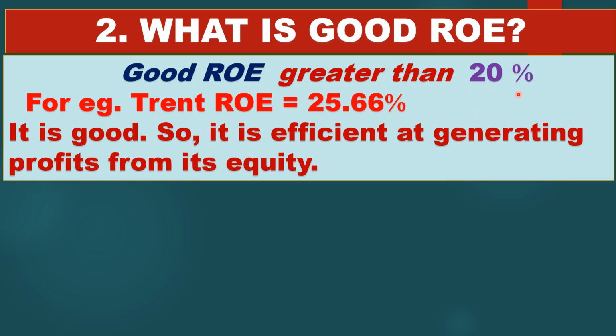It is greater than 20%. So it is a good company we can invest in, and also it is efficient at generating profits from its equity. So this is a profitable company. The financial health is good.